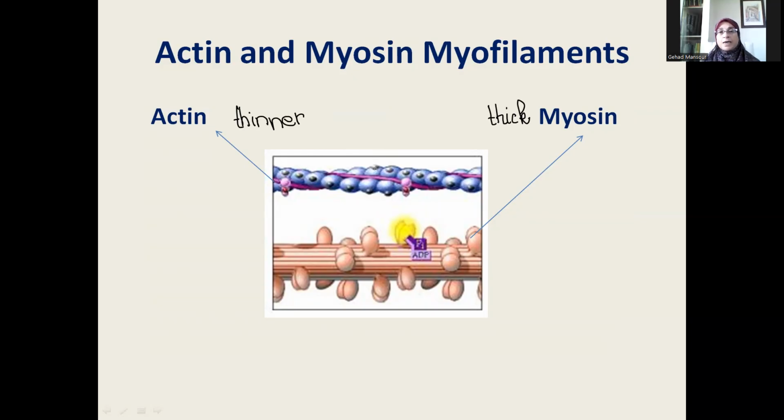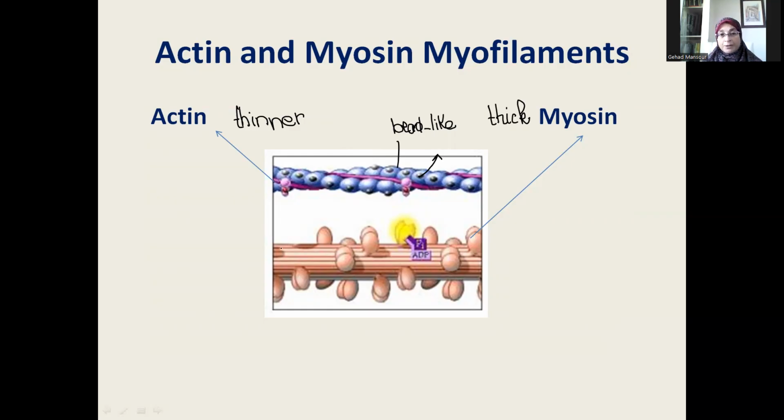And as you see, every actin filament consists of multiple bead-like structures. They look like beads. And they have specific sites here where the myosin heads can bind, as we will see later on.